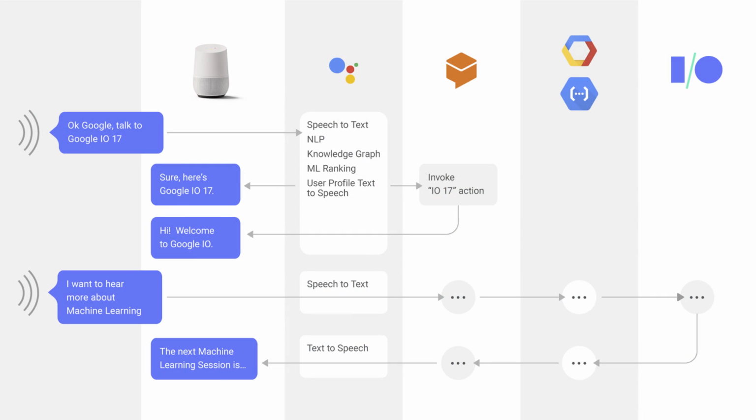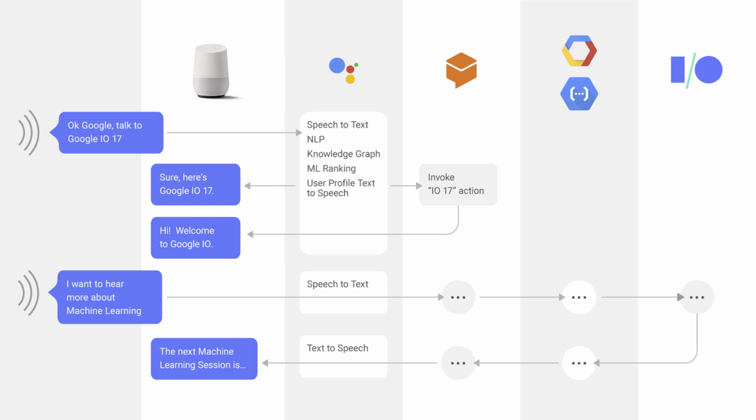But wait a minute, once we've gotten all this done, how does it actually happen that a user can say something to the Assistant and it triggers your app and all the magic happens? Well, let's take a look into that. So what happens is the user says something like, "talk to Google I/O 17" to their Assistant-enabled device like Google Home, and the speech is streamed through to the Assistant and transcribed as text. The Assistant then applies natural language understanding, ranking, it uses our knowledge graph, and it uses the user's context to understand the user's query and realize that the I/O app is the right service to fulfill that request.